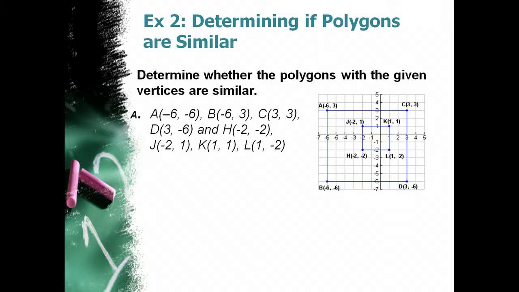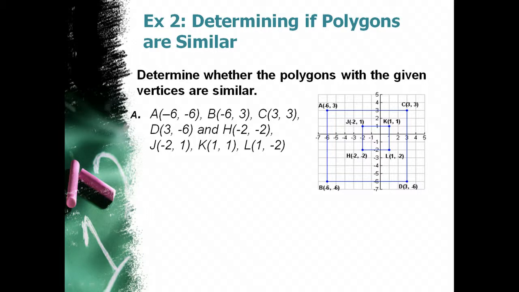Let's look at a different example. We want to determine if the polygons with the given vertices are similar or not. So we have A at (-6, -6), B at (-6, 3), C at (3, 3), D at (3, -3).